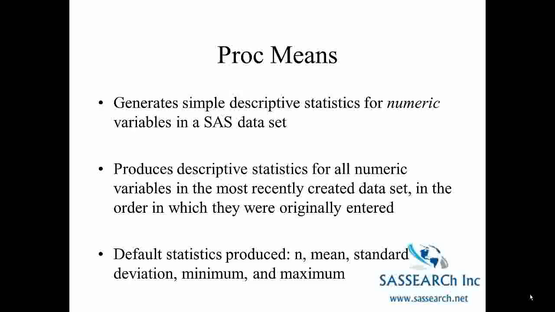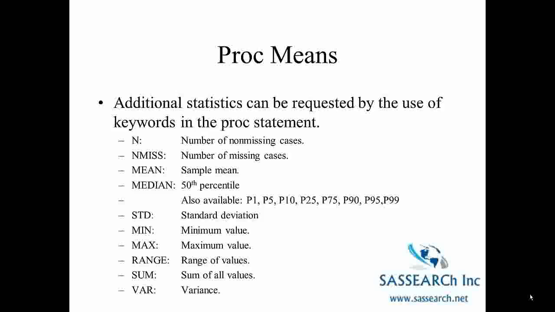So if you just have a PROC means and then a run, it is going to produce descriptive statistics, and these default statistics include N, which stands for the number of non-missing cases, the mean, the standard deviation, the minimum, and the maximum, and it will produce it for all of the numeric variables in the most recently created dataset.